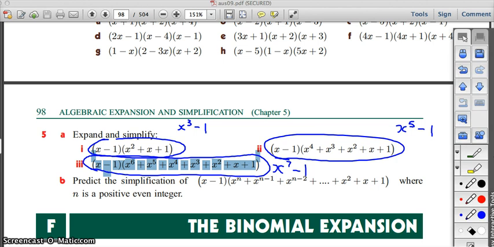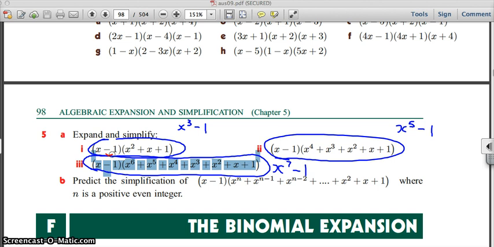So we're looking for commonalities. Alright? It would appear that whatever is out in the front forms part of your answer. Would that be right? Okay.